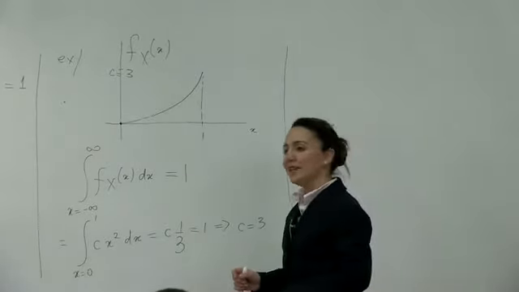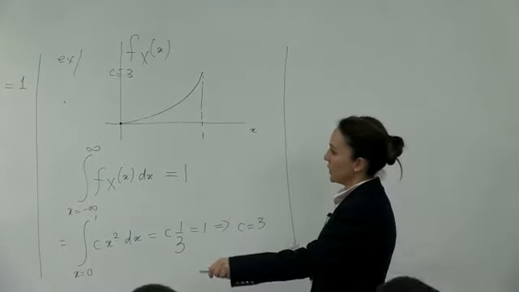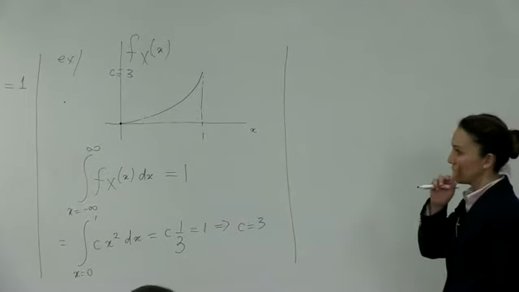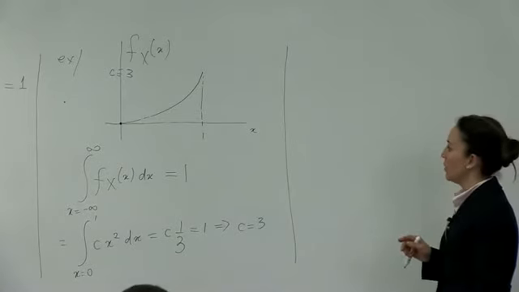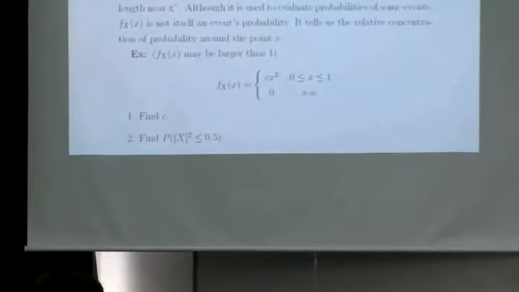Okay, then before answering that, let's answer this question. For this example, what is the probability that x squared is less than 0.5? Why? How do you know? Can you compute it? Let's compute that.